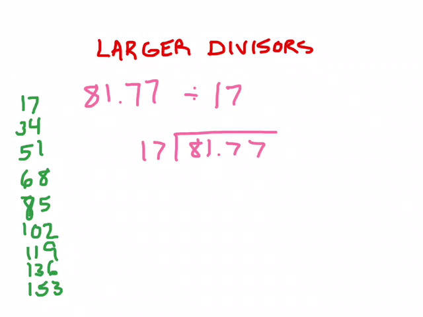And it takes a little bit of time to get them all down, but it's just adding 17 over and over again, and it might actually save you time in the long run. So now we do the same thing. We say 17 goes into 8 0 times, and I know that because 17 is bigger. But then when I get to the 81, carry the 8 or do whatever you do, subtract if you want.